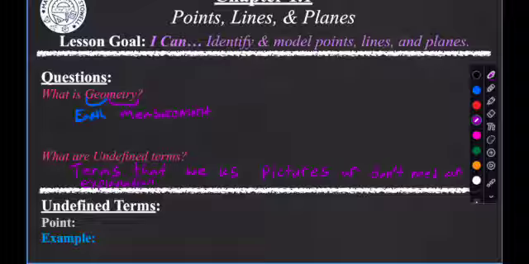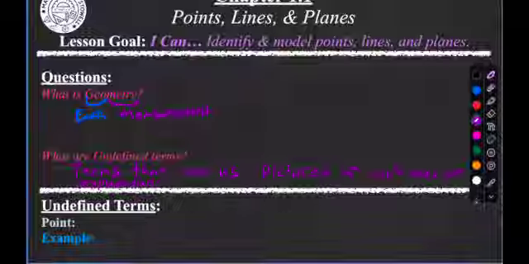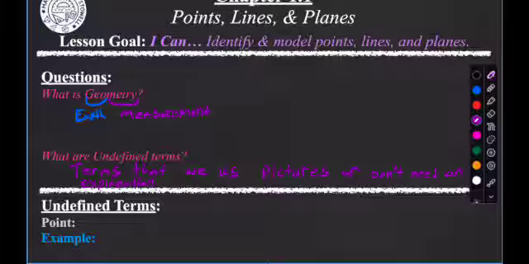Basically these are ideas so foundational that we don't have to explain what they are.